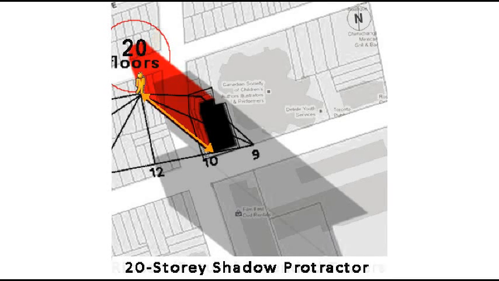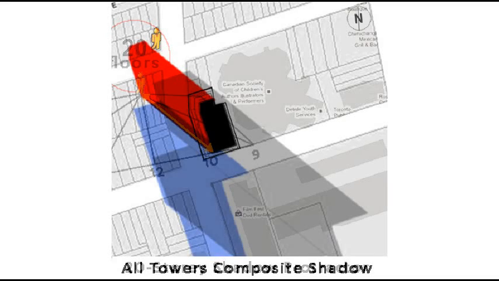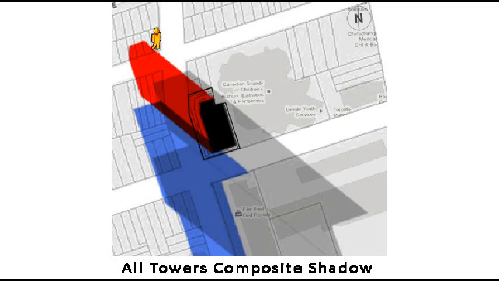So that we end up with a composite shadow in the end that is comprised of the future tower height of the RioCan project and the neon. Likewise, we can aggregate all the shadows together to create a full composite.